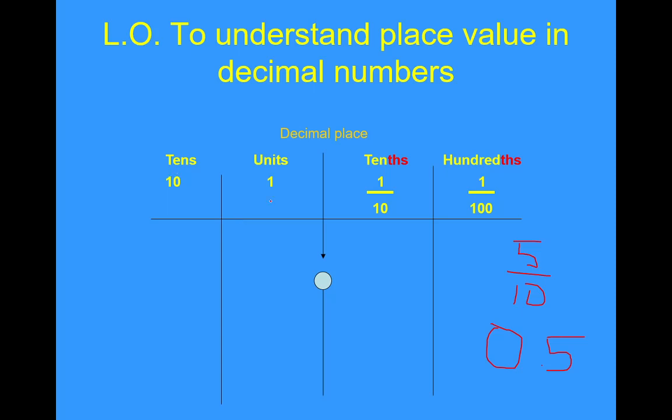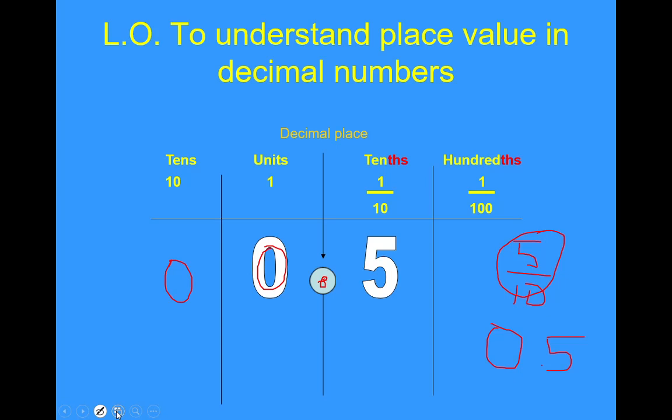No. So let's just put a 0 here. Would there be any units? Or ones, sorry, would there be any ones? No, there wouldn't. Would we have any tenths? Oh, we would have 5/10, right? We would write our decimal point in, and then we'd bring our 5 in. Easy, right? 0.5.